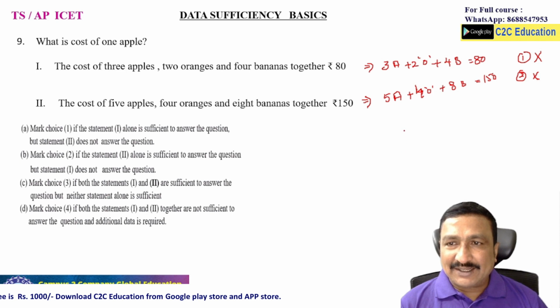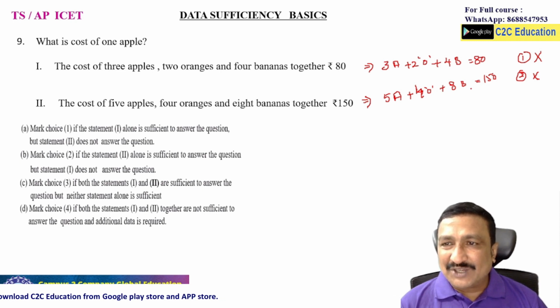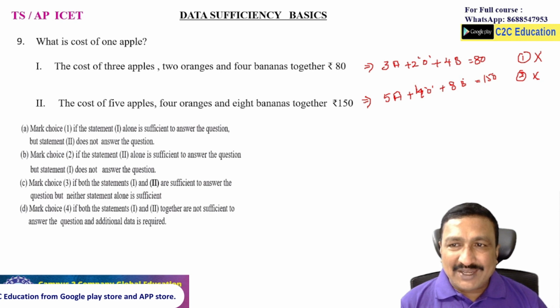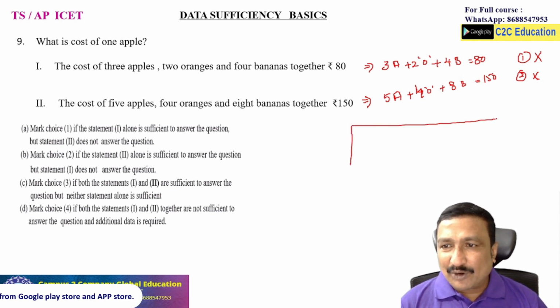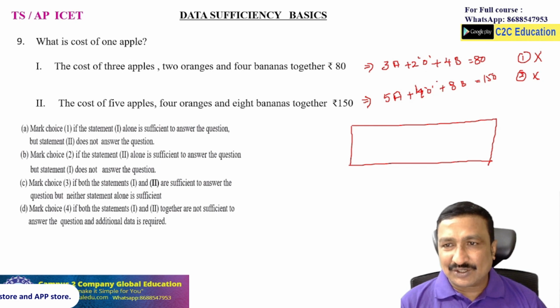While combining, whenever there are 3 variables and 2 different equations, according to subject knowledge, the answer cannot be determined. But there is one very important point in a simple equation. Whenever the number of variables is not equal to the number of equations, the answer cannot be determined.